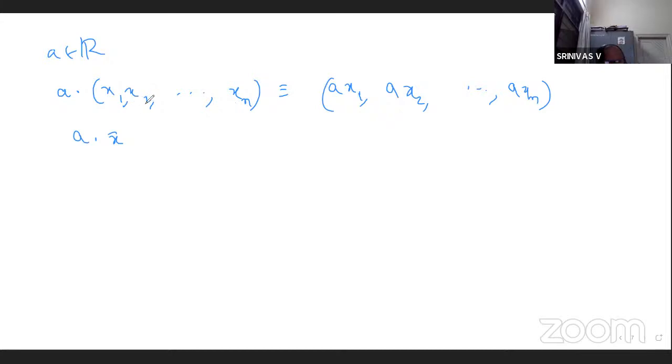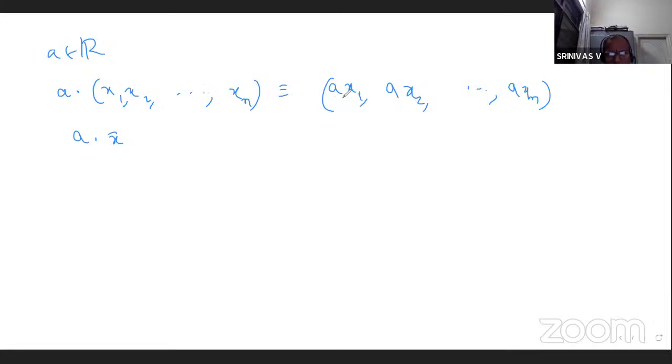How do you multiply a matrix by a scalar, by a number? We'll be multiplying each of the elements of the matrix by that number. That's what we are doing. You multiply each of the coordinates by that number: a into x1, a into x2 up to a into xn. This is called component-wise or coordinate-wise multiplication. That's how we define this scalar product to be this one.